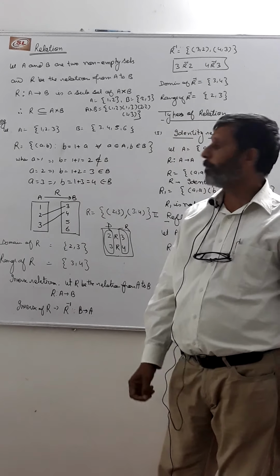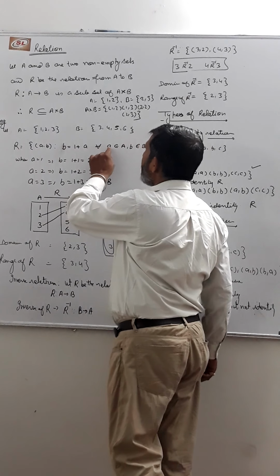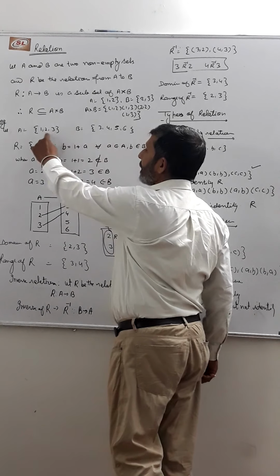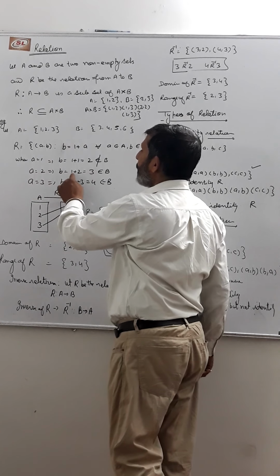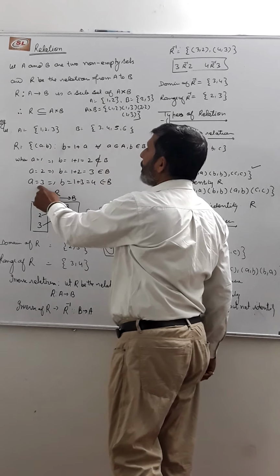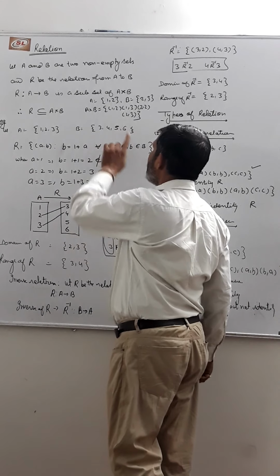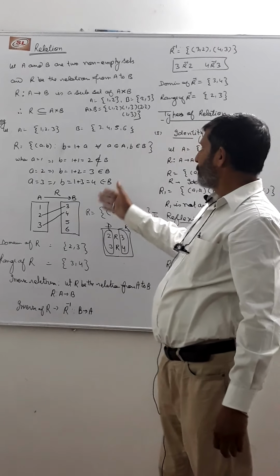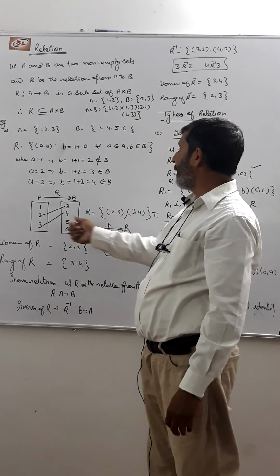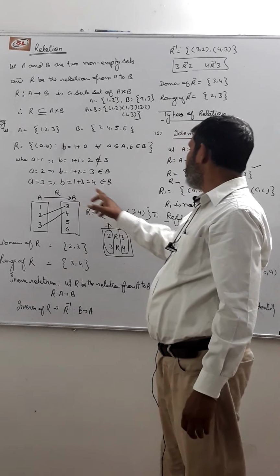Similarly, when we put a equals 2, because a always belongs to the first set, b equals 1 plus 2, which is 3, and 3 is also in the second set. When a equals 3, then b equals 1 plus 3, which is 4, and 4 also belongs to the second set. So this relation is defined by 2 is related to 3 and 3 is related to 4.